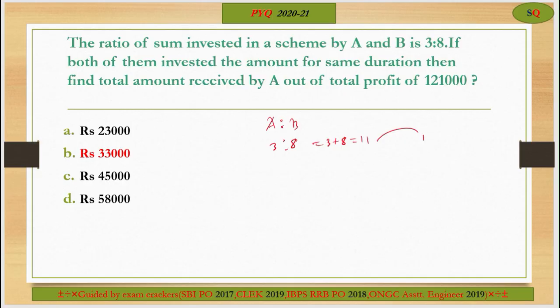This 11 is what multiplication gives us the total profit? It is 11,000. So now we have to find the total amount received by A. So A is how much? Here 3. So 3 into 11,000 equals how much? 33,000. Answer is B.